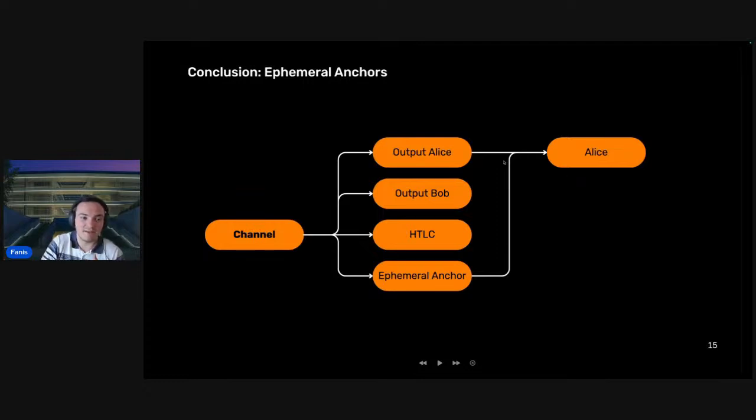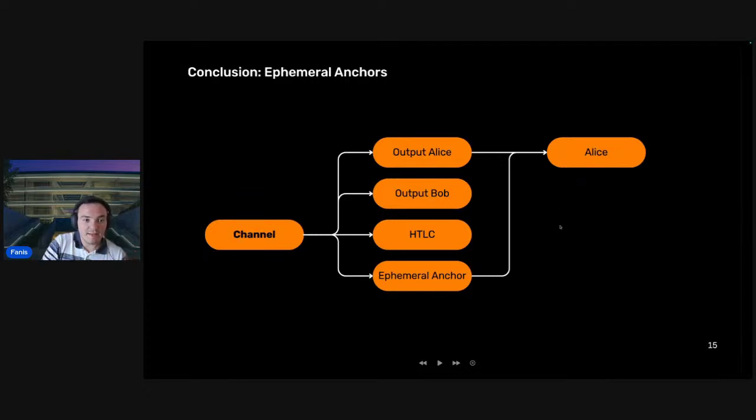So let's say she's spending from Bob's commitment transaction. Bob publishes this commitment transaction, and then Alice can spend from her own output because it doesn't have any time lock, and use some part of the funds from her output to pay the fees for this second transaction, which spends both her output and the ephemeral anchor, because otherwise the package will not be valid, will not be standard.